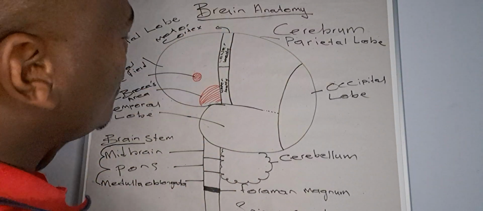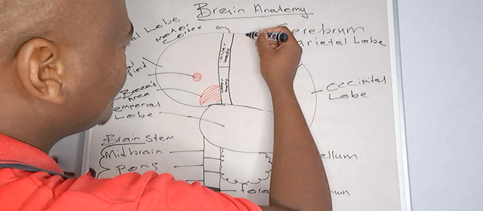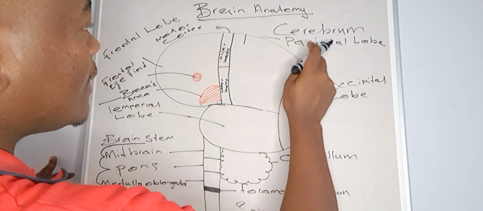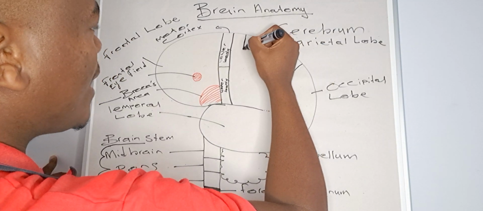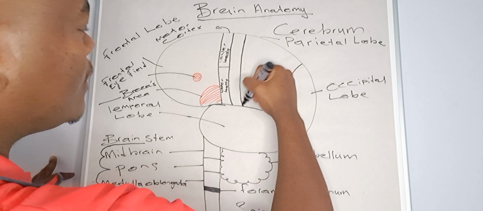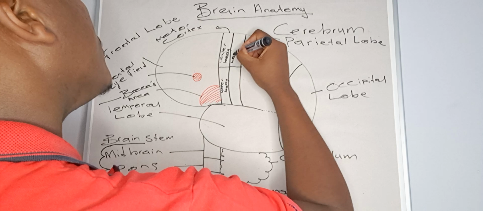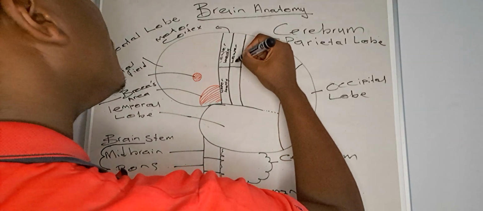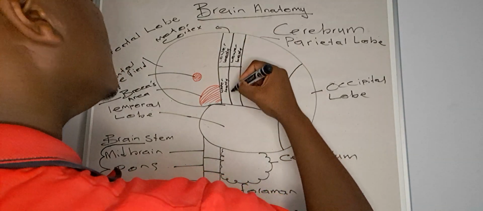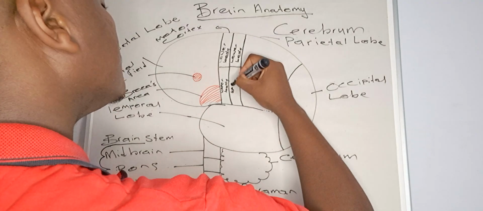But we do have another division here, just at the existence of our parietal lobe. Our division will be divided again into two. This one will be your lower body. There is a reason for this. I will explain why. This will be your upper body.